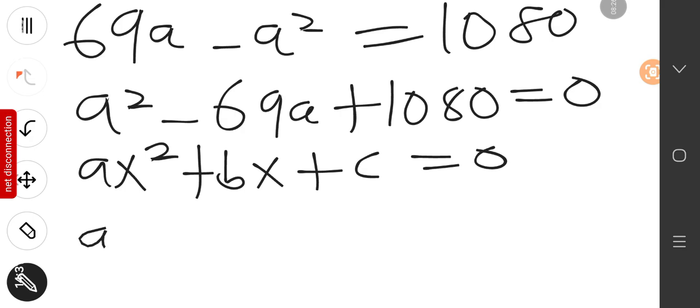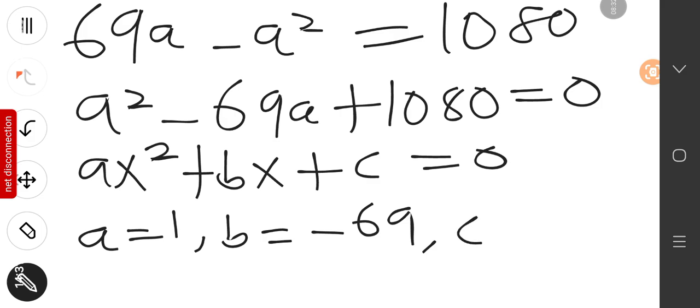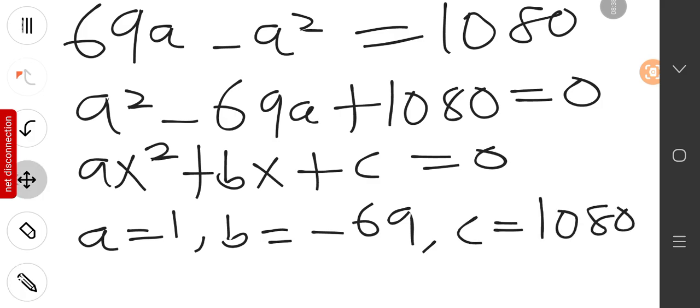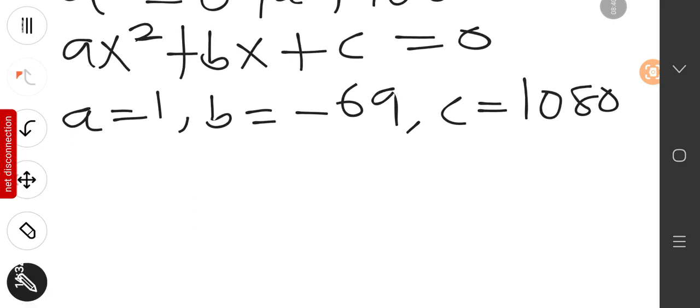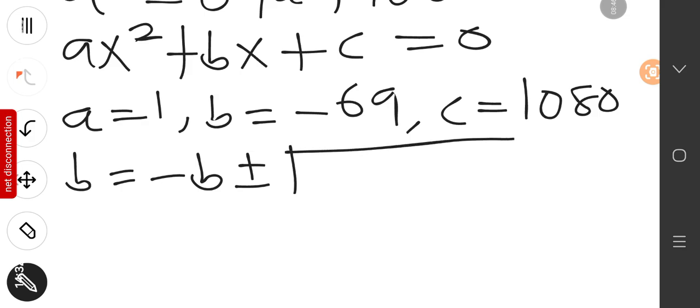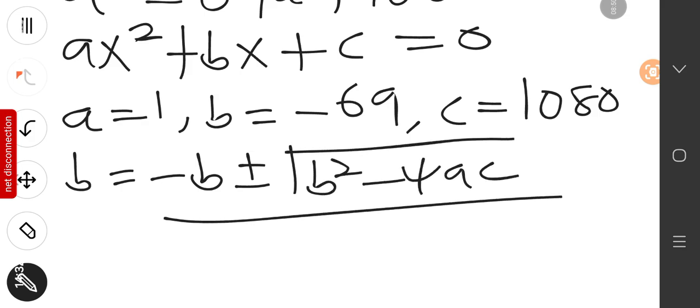Therefore, we can say A is equal to 1, B equals minus 69, and C equals 1080. Now, let's quote the quadratic formula. So b equals minus b plus or minus the square root of b squared minus 4ac all over 2a.